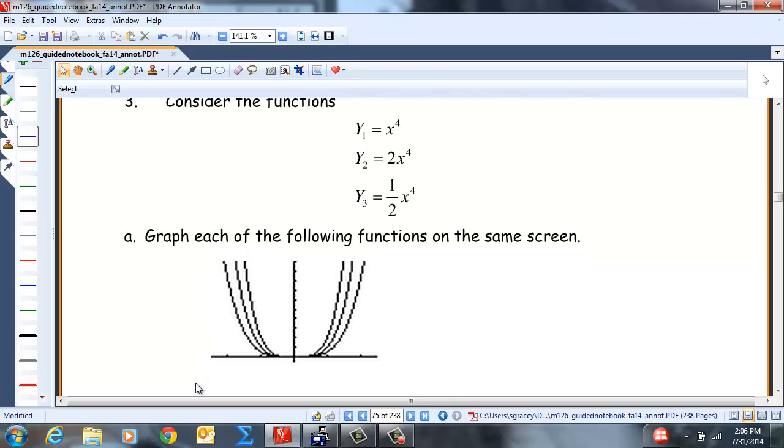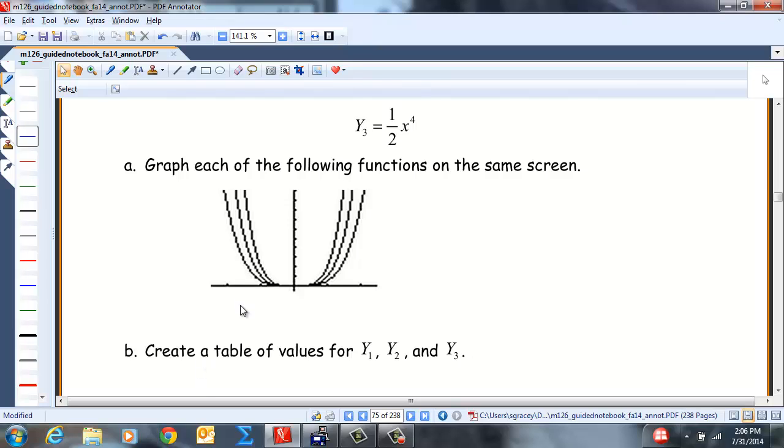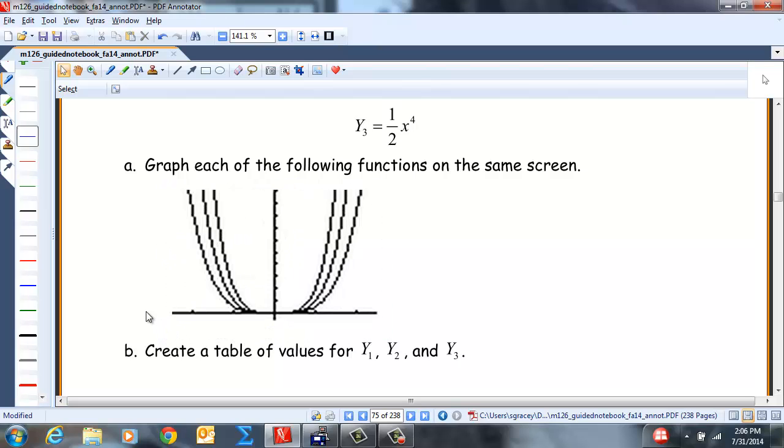So here's the picture of our graphs. We've got our original graph in the middle here. We'll do it in black. So that's y1, x to the 4th. And then this is what happened when we multiplied by 2.